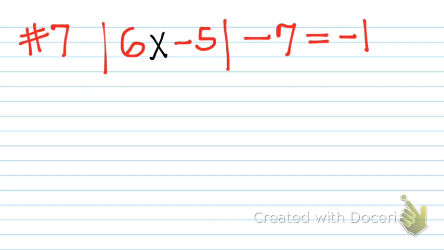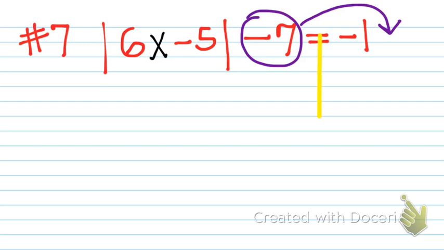We have to get the absolute value bars by themselves. So we need to move this -7 to the right side across this imaginary line.